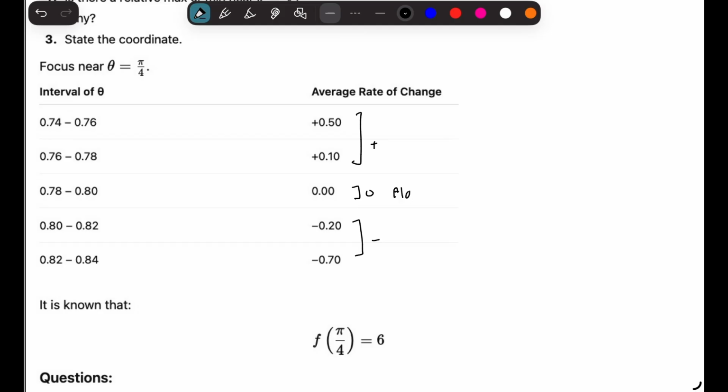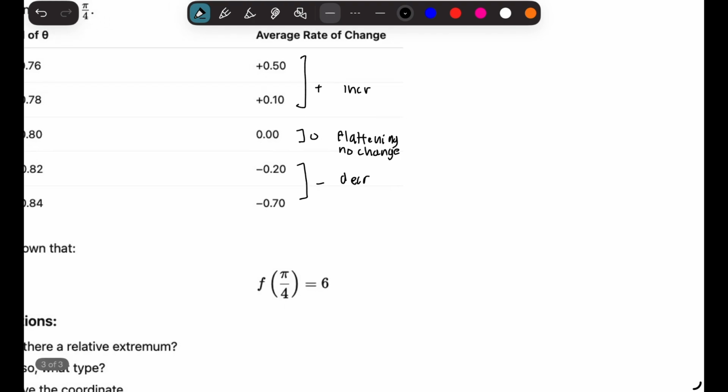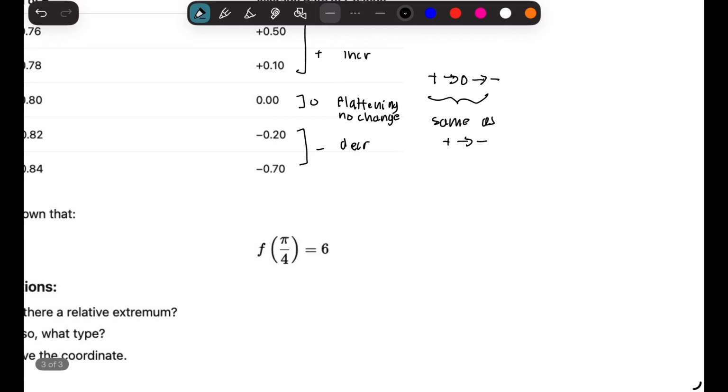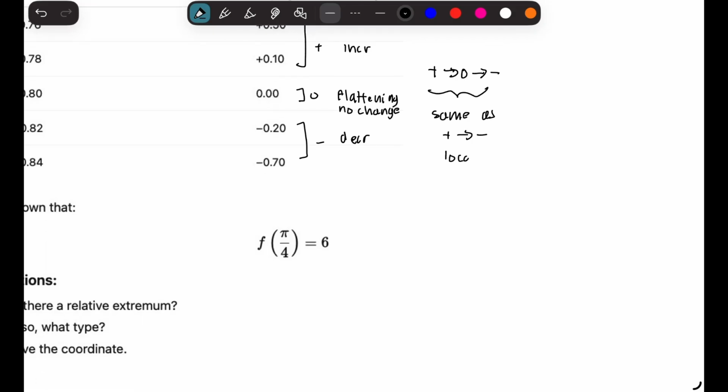So this is flattening, no change over this interval, increasing, decreasing. So it's positive, 0, negative. This is the same as positive straight to negative, which is going to be a local max.